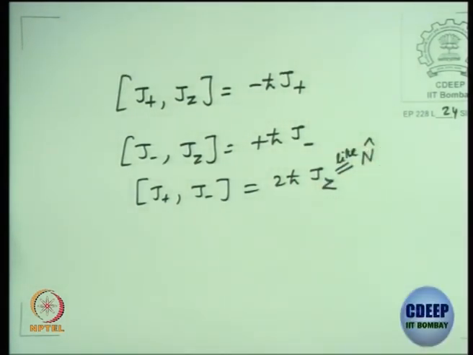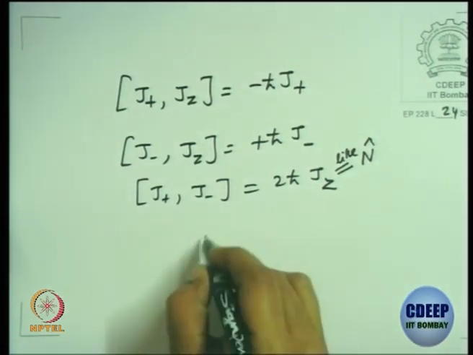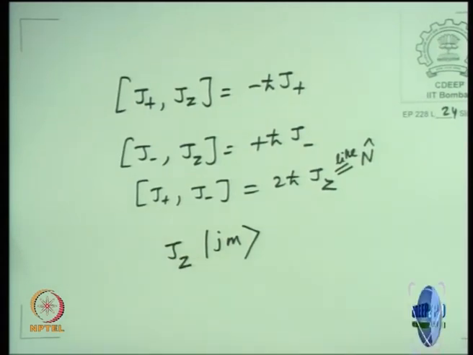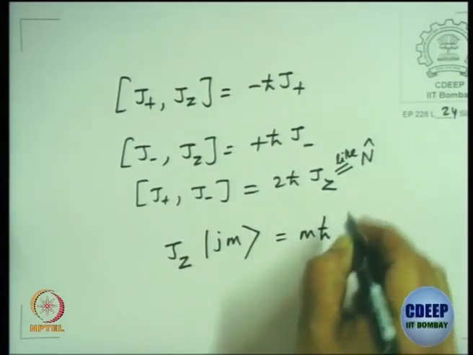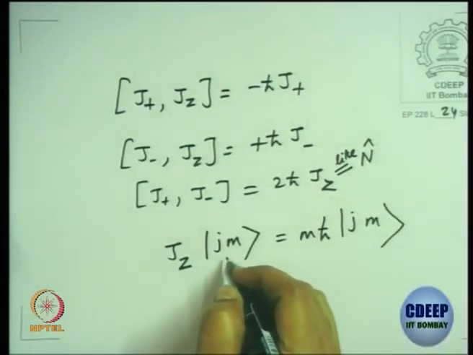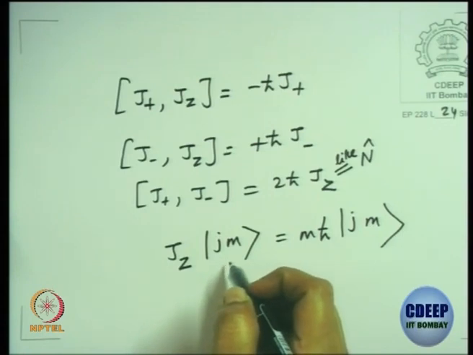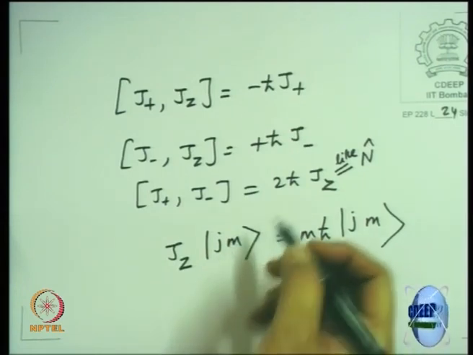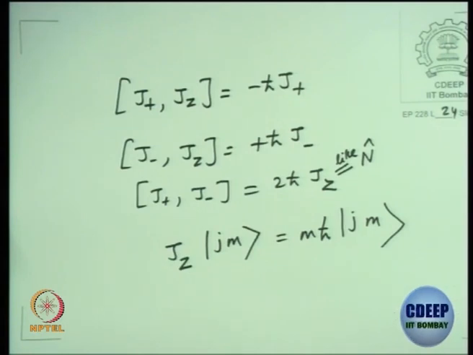If I write my state as Jm, the Jz operator gives you m h cross Jm. We have one more index because we know it is an eigenstate of J dot J. Otherwise, I could have just worked with m. The maximal compatible set for an angular momentum algebra is simultaneous eigenstates of J dot J and Jz. That's why I have two integers.